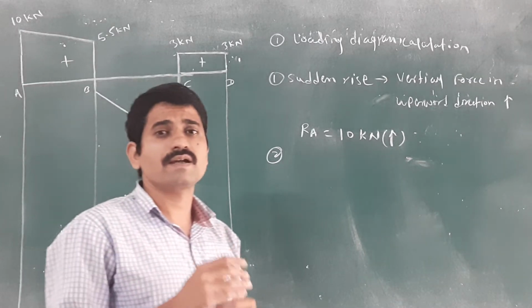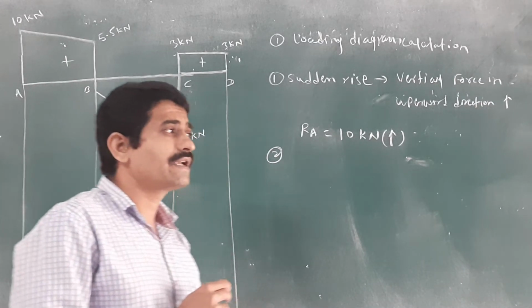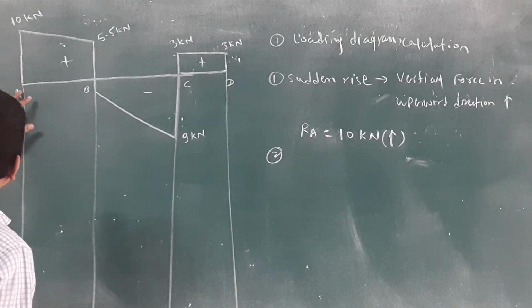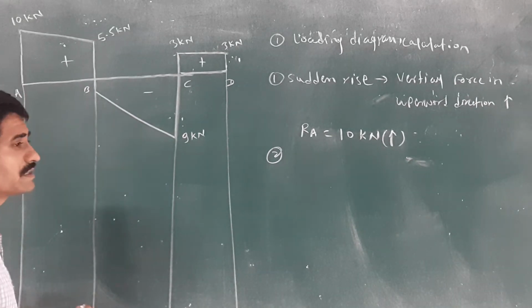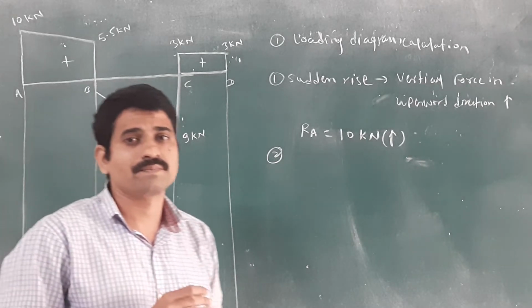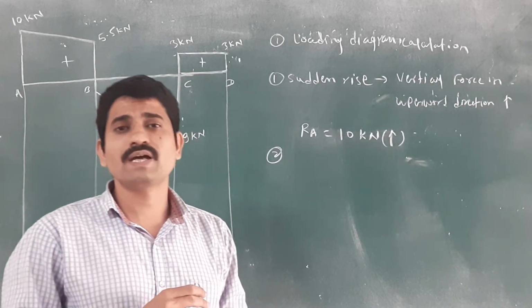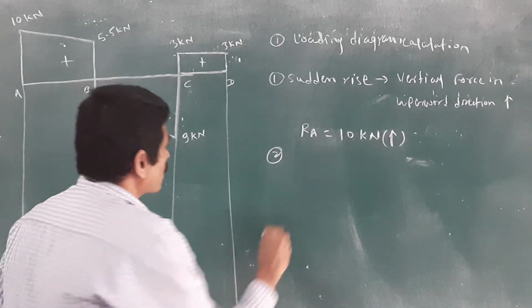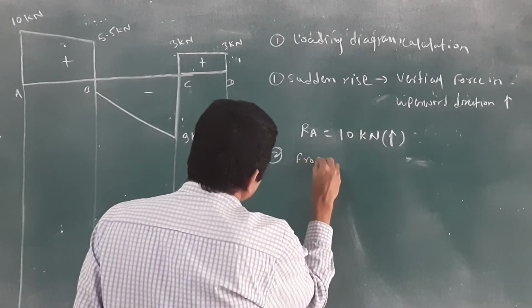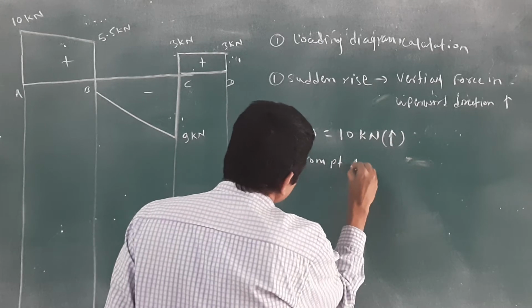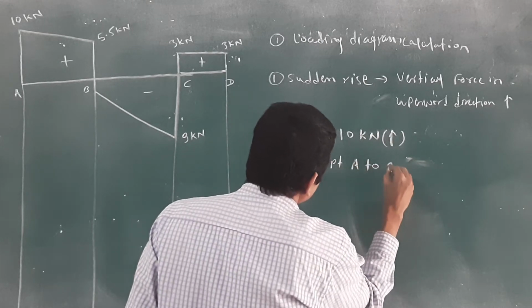This linear decrease indicates that between points A and B there is a UDL. And how do we calculate the value of that UDL? From point A to B, we will write here A to B.